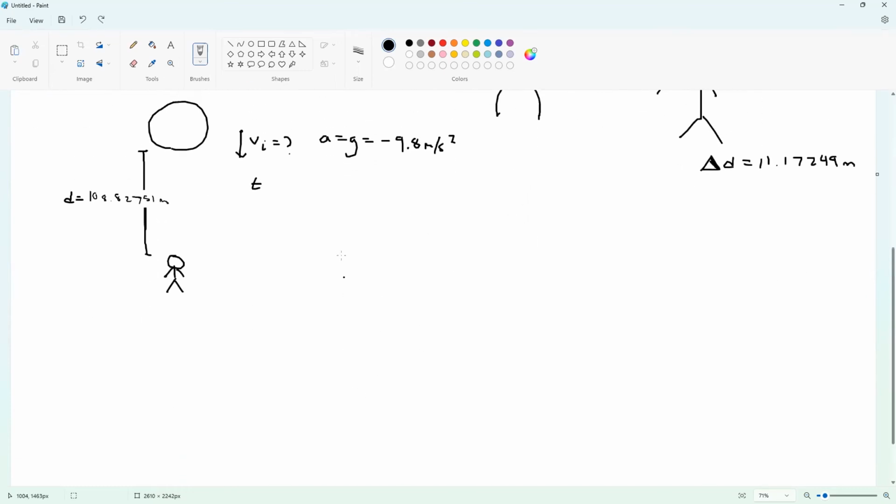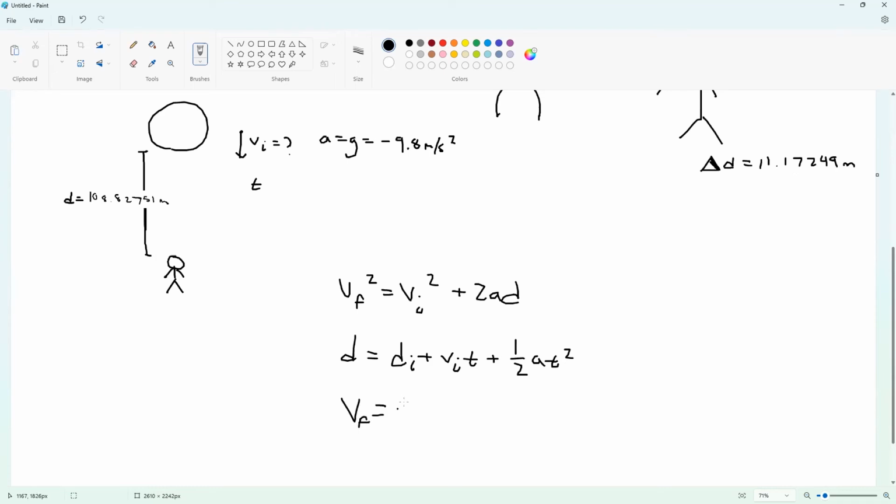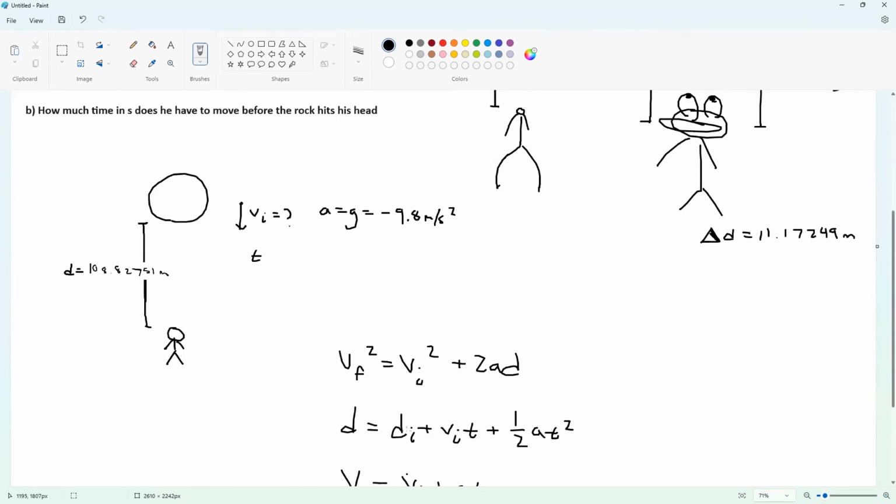Let's go ahead and write down our kinematic equations again, see what we have. Okay, let's underline what we have.